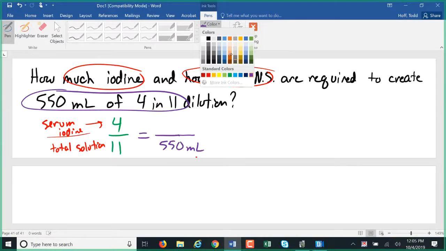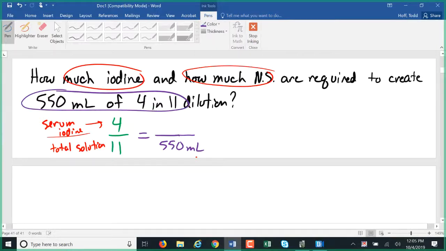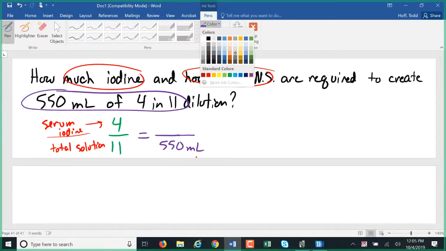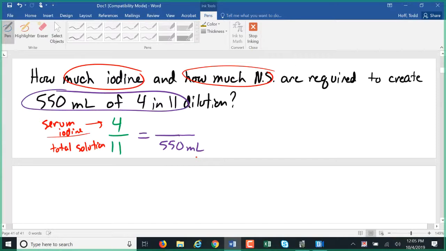Cross multiply and divide. Four times 550, 2,200 milliliters, divided by 11 is 200 milliliters. And of course, that represents the amount of iodine.